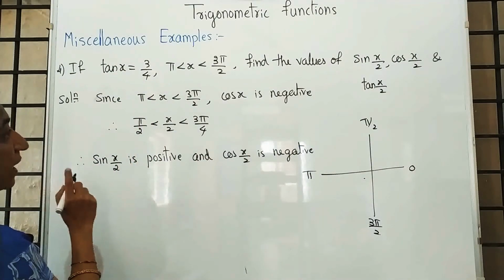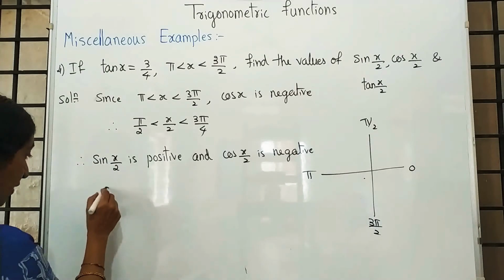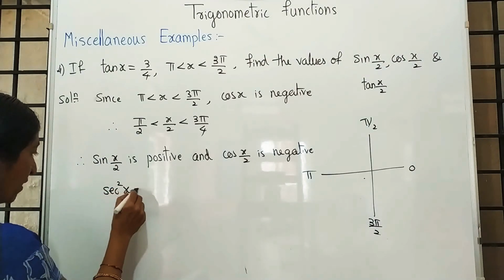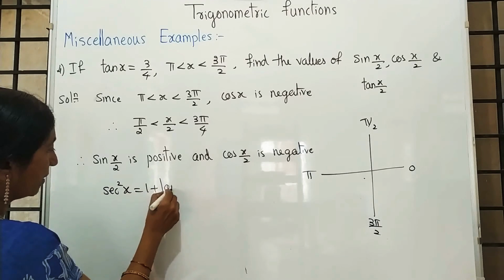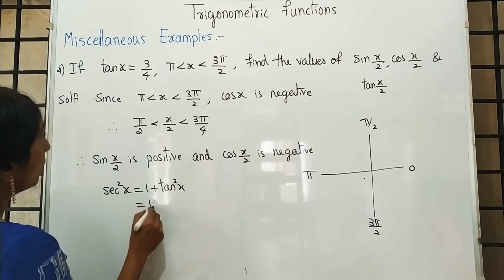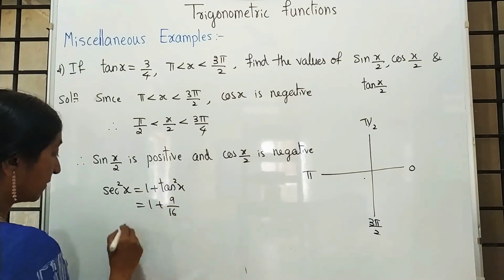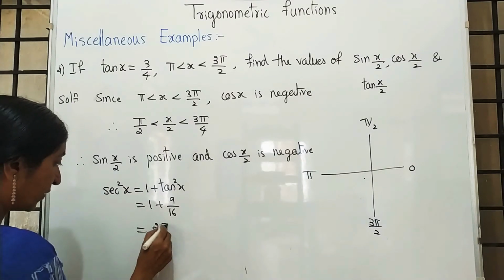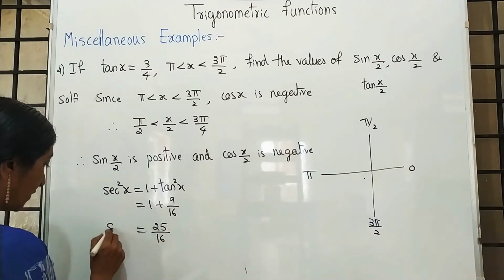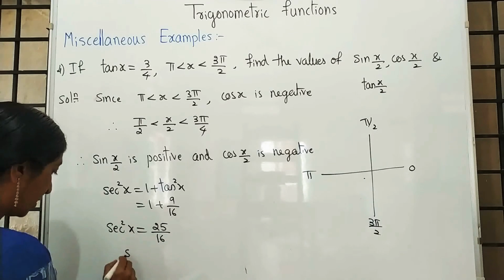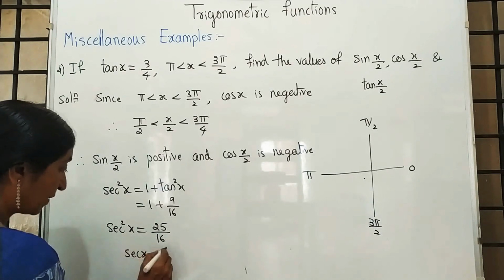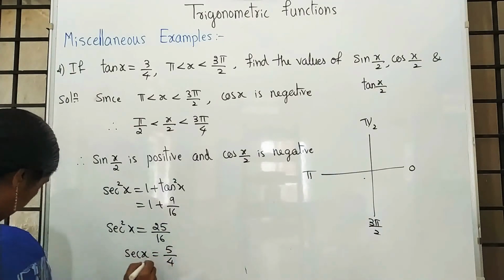With the help of tan, you can find the secant value. Secant square is equal to 1 plus tan square. So it is 1 plus 9 by 16. That is, taking LCM, 25 by 16. So it is secant square x. Then what is secant x? Secant x is 5 by 4.